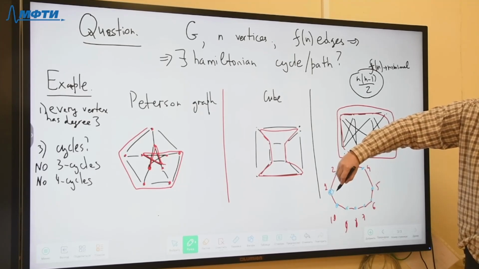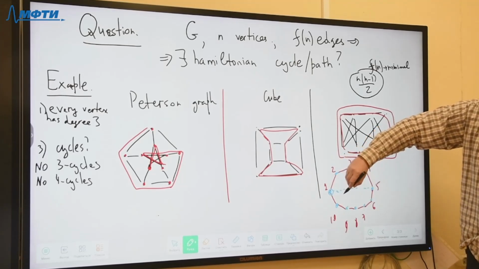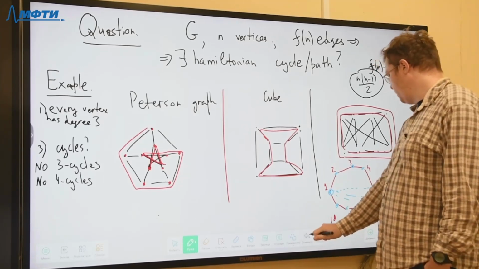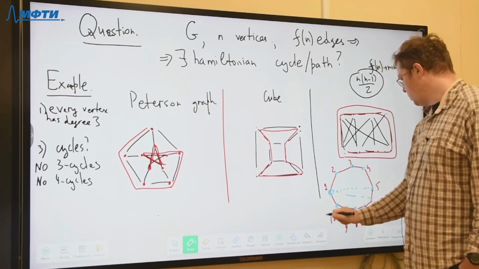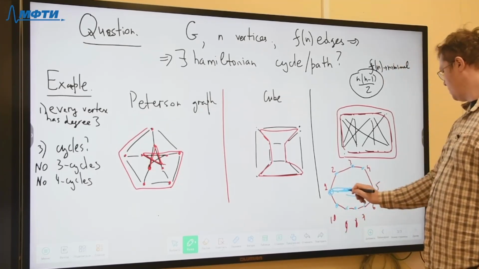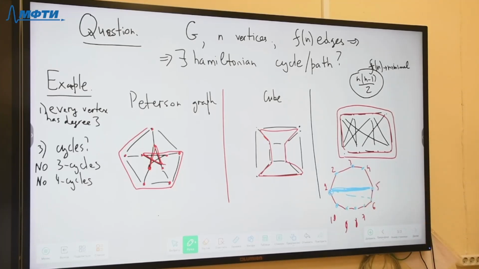So we cannot connect 1 with 5 or 6 or 7, yes? 5 or 7 is symmetrical, so we can just take the two possibilities. So for example, we have this edge. Okay, let's take the next node, for example, 2. Can we connect it to any other node such that there are no cycles of length 3 or 4?